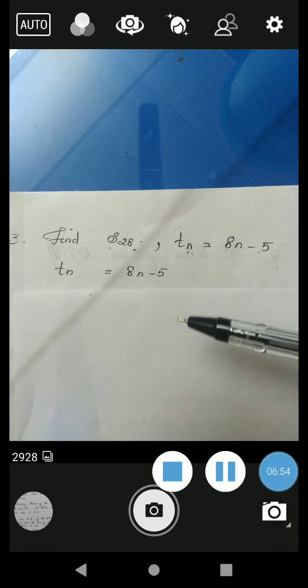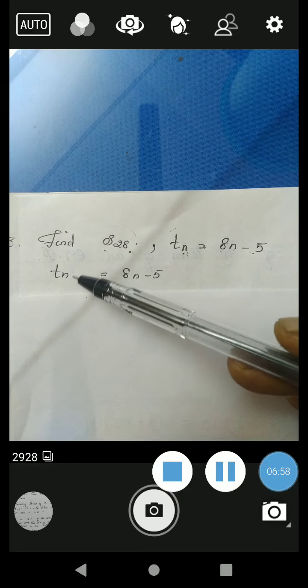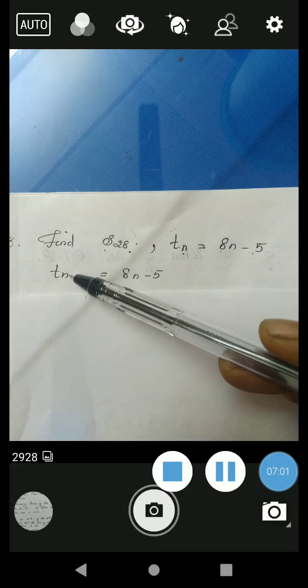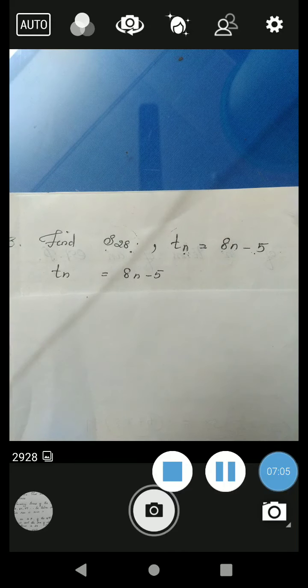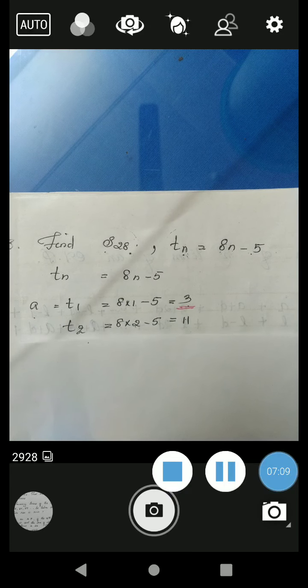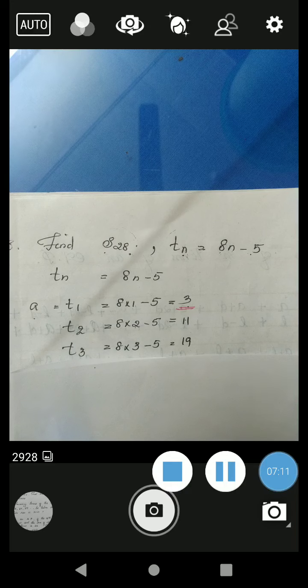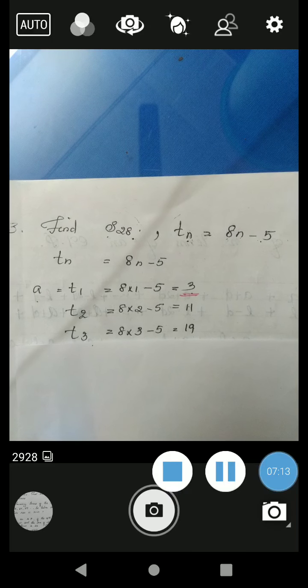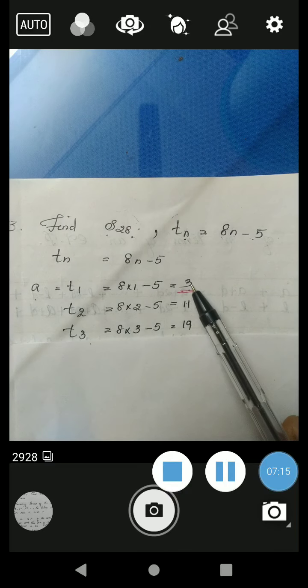Actually, the first term is T1, right? So substitute the value of n as 1. If n is 1, that is the first term. N is 2, second term. In this way, you can find the first, second terms, T2, T3, etc.